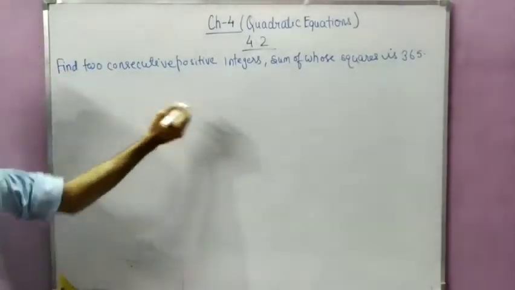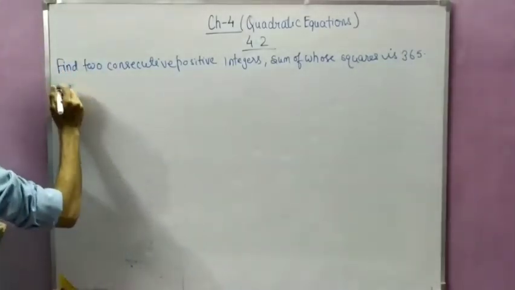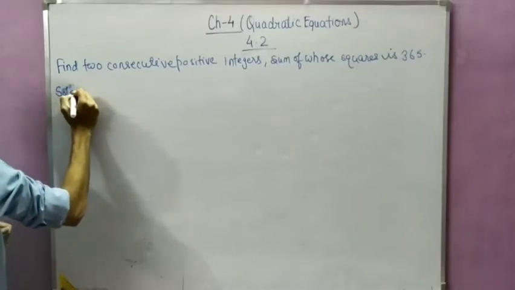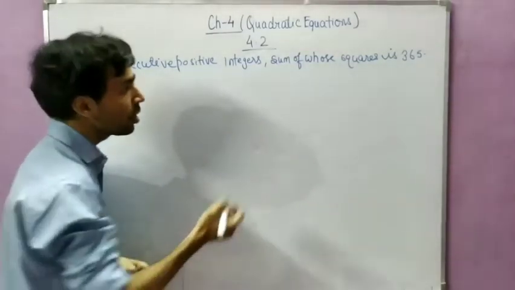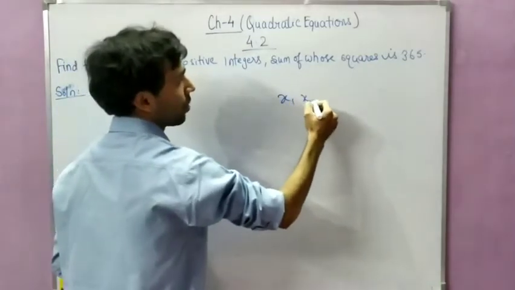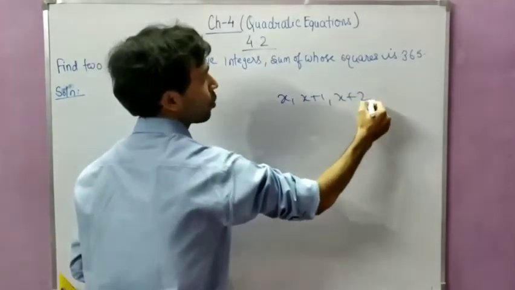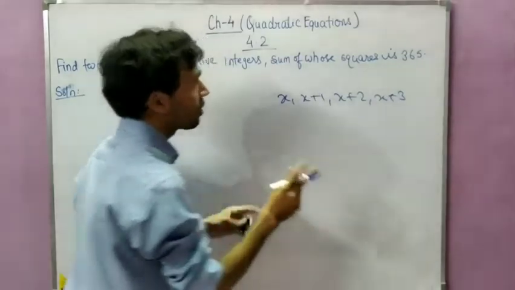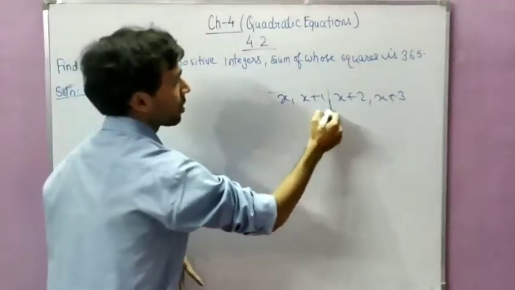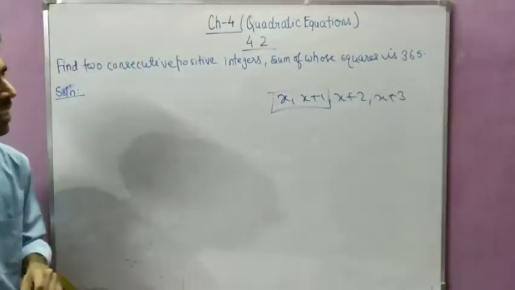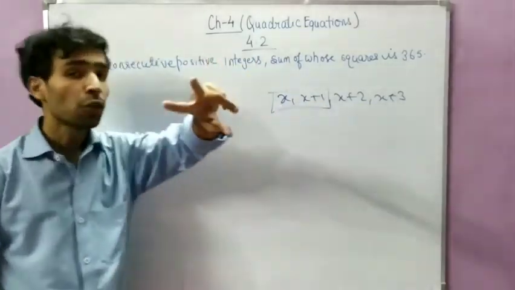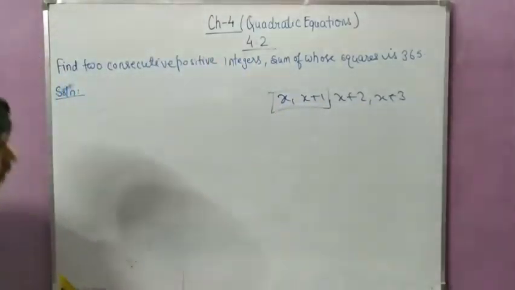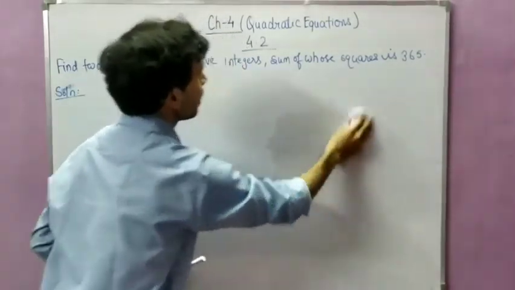So whenever you have to take consecutive positive integers, you can take like this: x, x plus 1, x plus 2, and so on. Because we want only 2, so we will take the first 2. Okay, you can take any 2 consecutive, so I will take the first 2. Okay, so what we will write first?